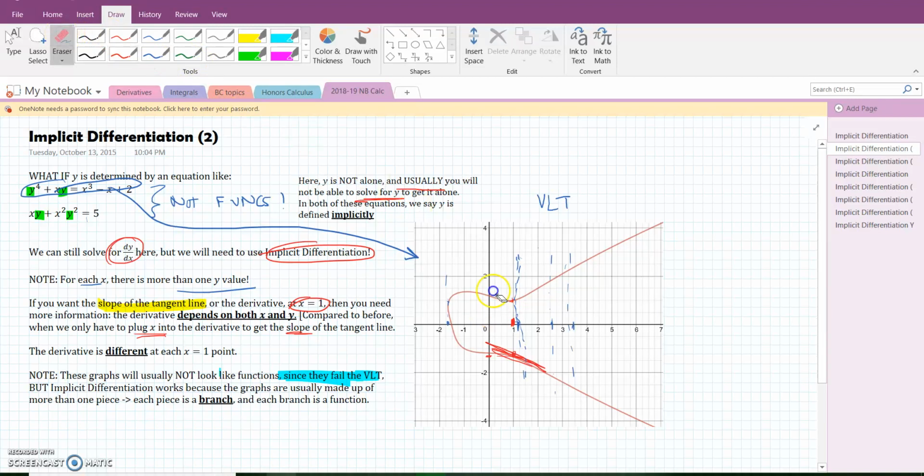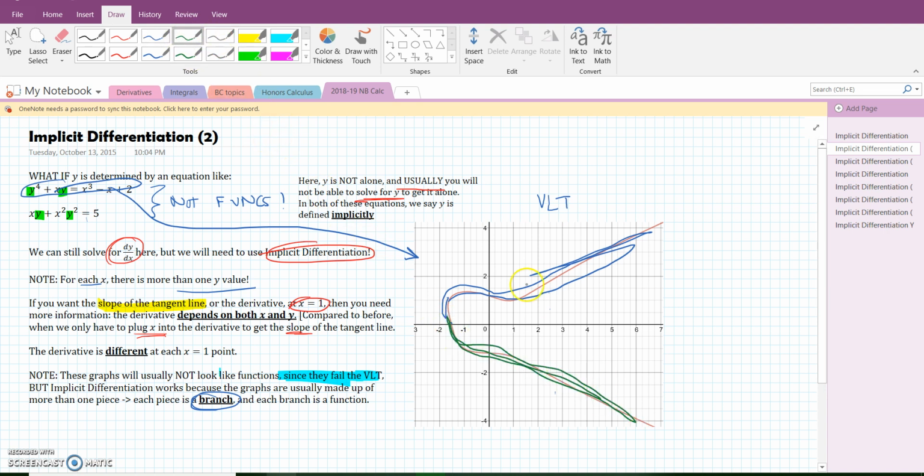Now, implicit differentiation works because, and we're not going to go too far into this, even though the graph as a whole is not a function, you can break it into things called branches. So for example, if I cut this function here, I could break it up into an upper branch, which is this, and then I can cut it into a lower branch, which is down here.